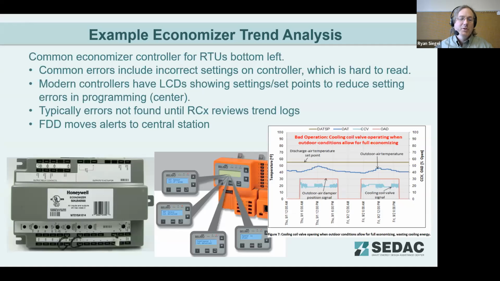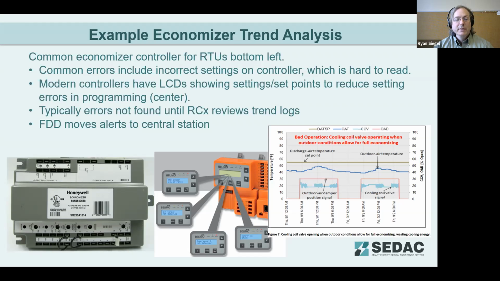But with the old analog controllers, you might have to understand, okay, what is the resistance of this sensor supposed to be based on the temperature, and I'm going to have to do a lot more physical checking on that.